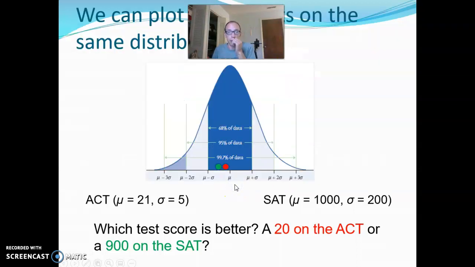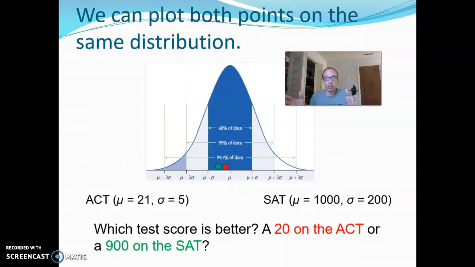So now what we can do is plot both of the points on the same distribution. So instead of having two separate normal distributions, we combine them into the one. And remember, the ACT score was just a smidgen below the mean, whereas the SAT was halfway between the mean and one standard deviation down.